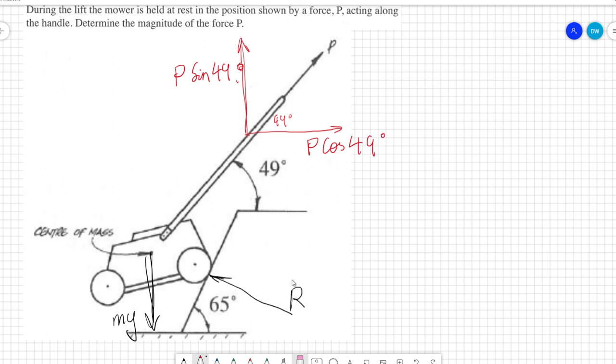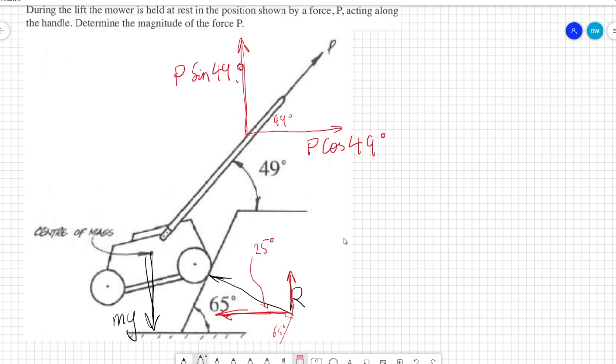Similarly, we can do the same to R. We have to find a vertical component and a horizontal component for R. Now, what's the angle here? If this is 65 degrees, and this is perpendicular, then this angle here should be 25 degrees.